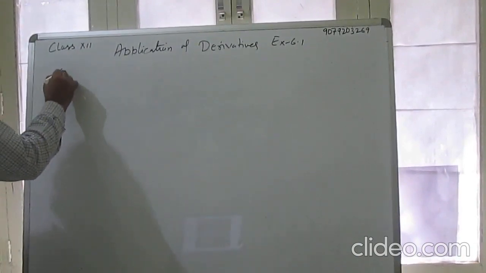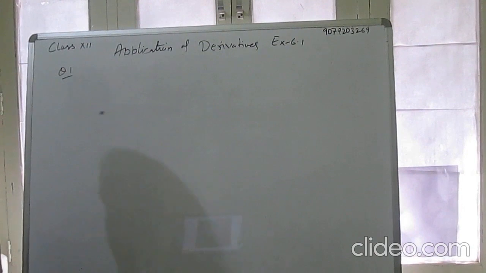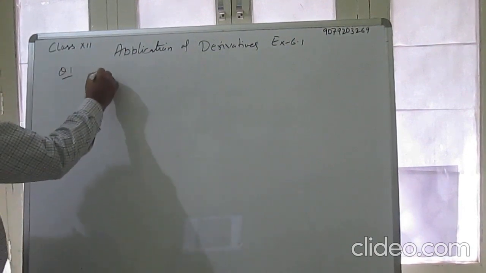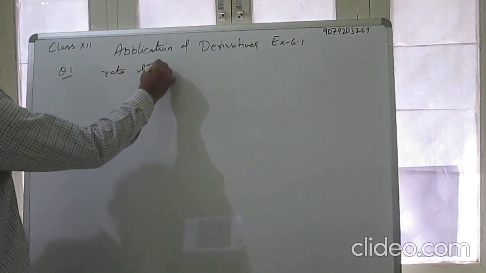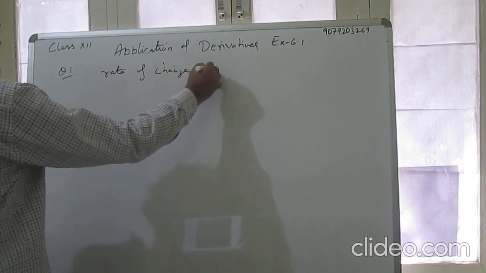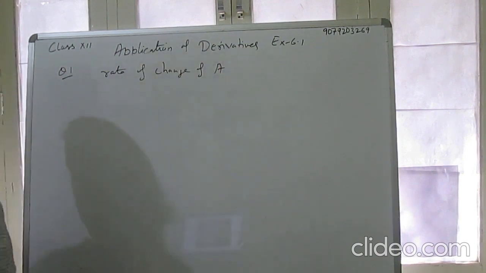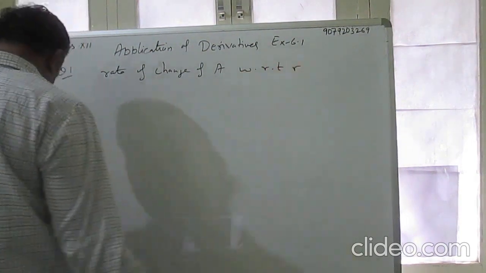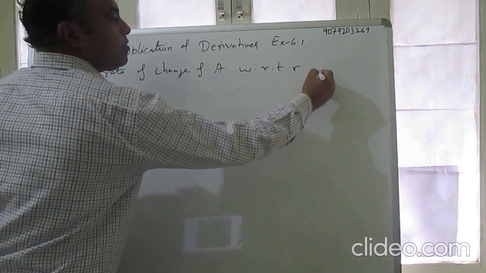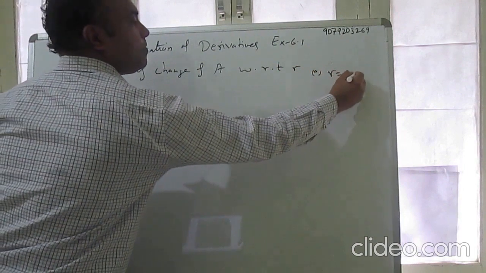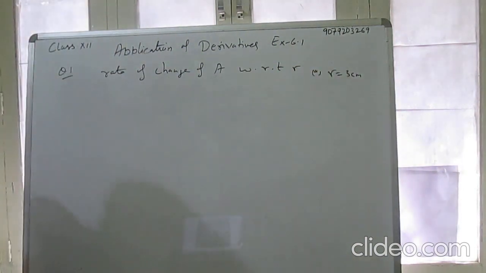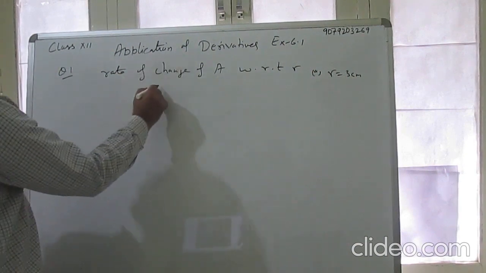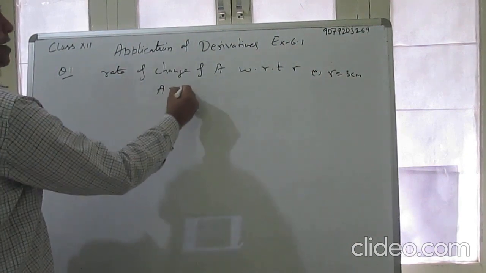Question first. Find the rate of change of area A with respect to radius when r is given to you 3 centimeter. Now see here, what is the area of circle?